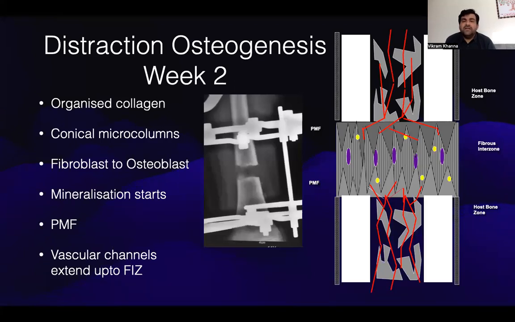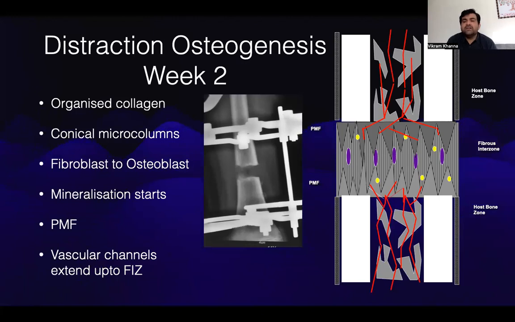In week 2, the distraction continues. The fibrous interzone is there, approximately in the middle. The collagen again gets more organized. There are conical microcolumn formations, but they are very faint.